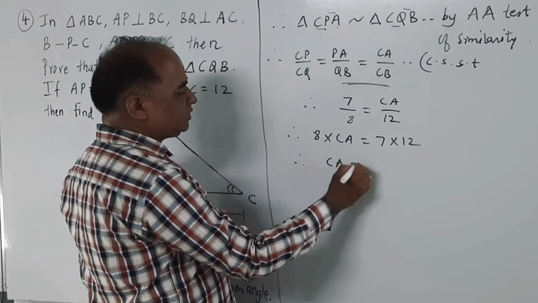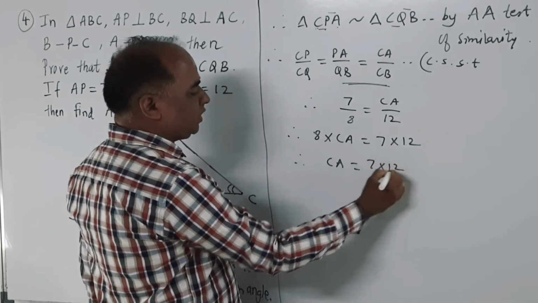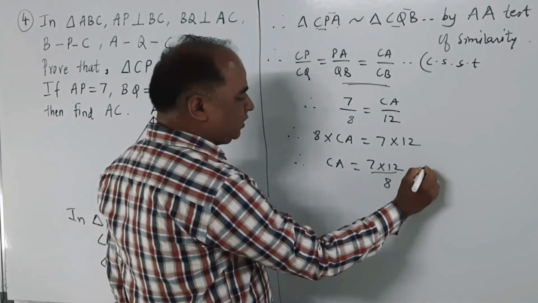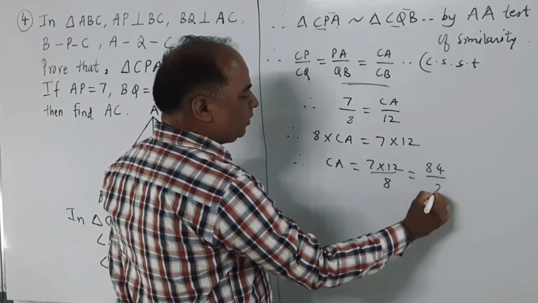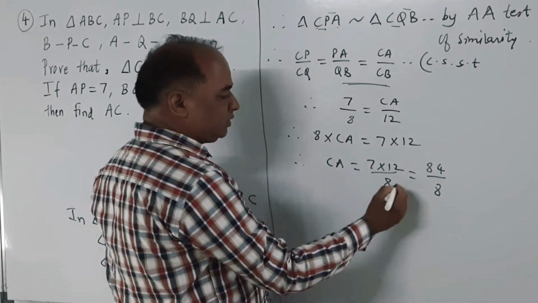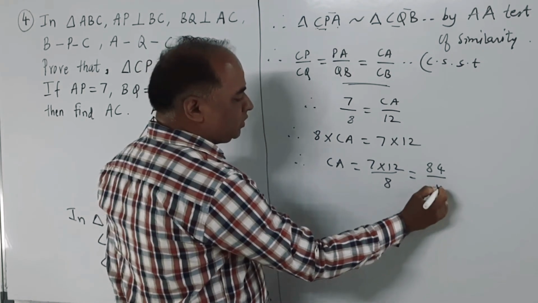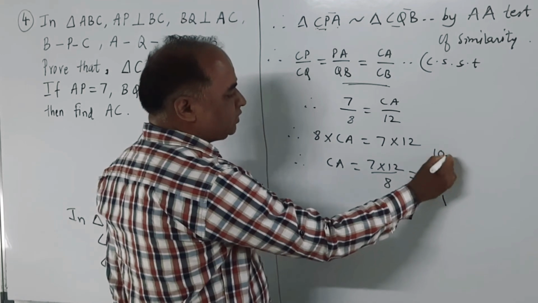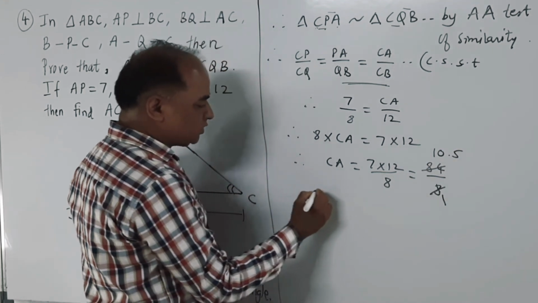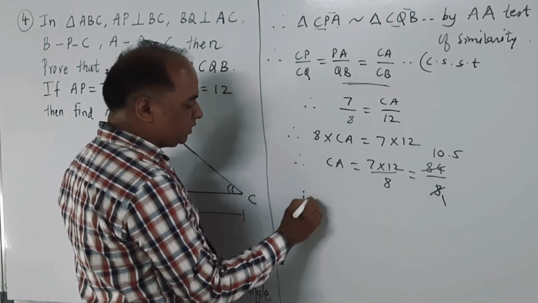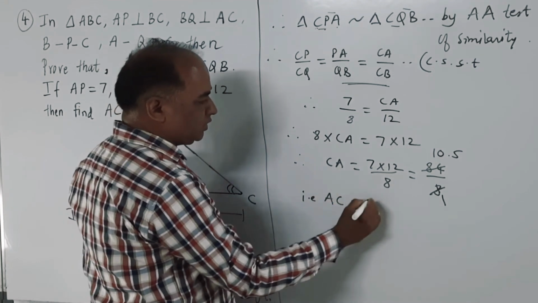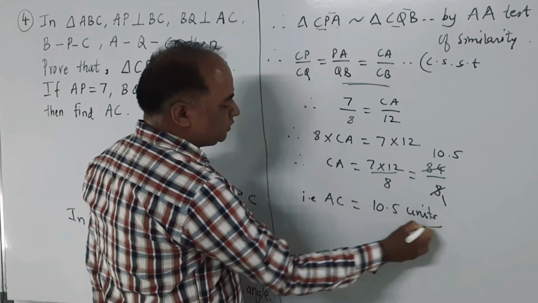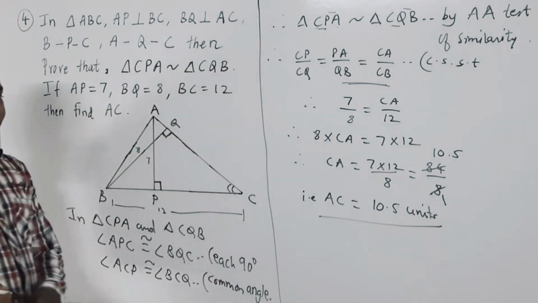Therefore, CA is equal to 7 into 12 divided by 8. 12 sevens are 84 upon 8. Divide now: 8 ones are 8, 0, and 8 fives are 40. So CA, that is AC, is equal to 10.5 units.